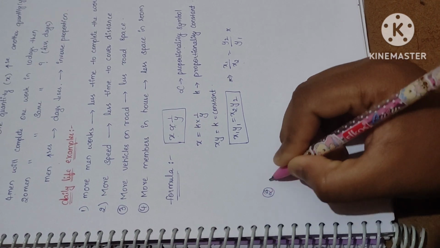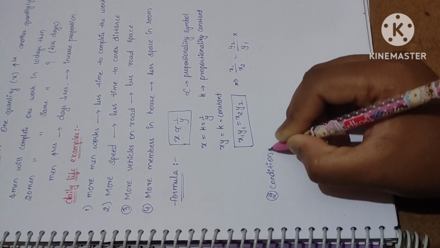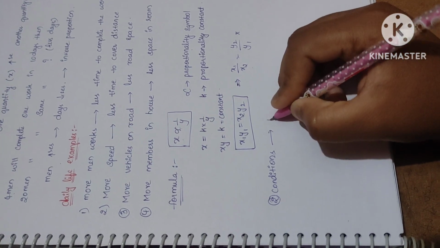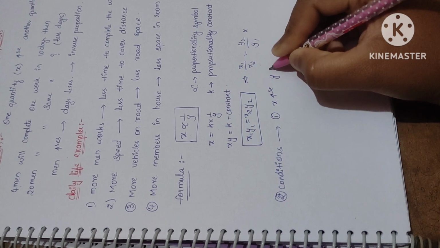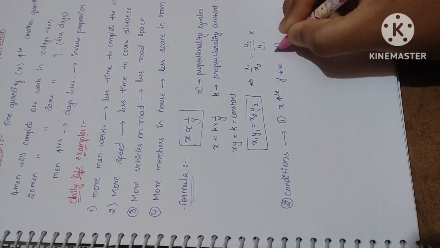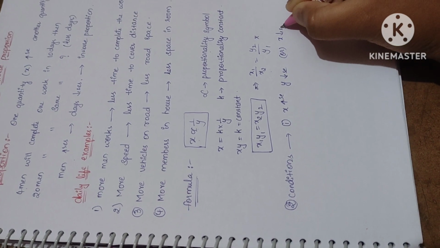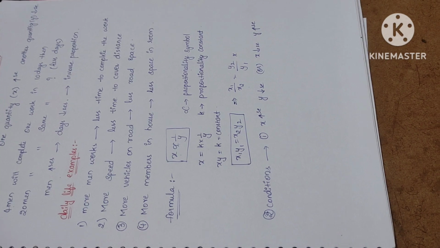By the given problem, we have to say whether it is in direct proportion or inverse proportion. For inverse proportion, the problem must satisfy two conditions. The first condition is that x increases and y decreases, or x decreases and y increases.